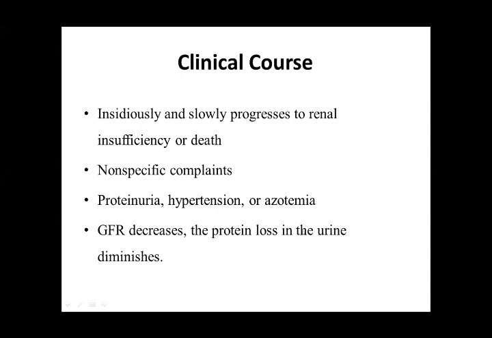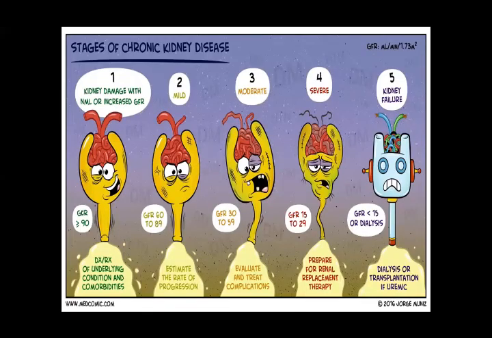In nephrotic syndrome, how much protein was lost? 3.5 grams per day. And then there are so many non-specific complaints, such as body aches and pains, and signs and symptoms of hypocalcemia. So this is just showing you a picture.